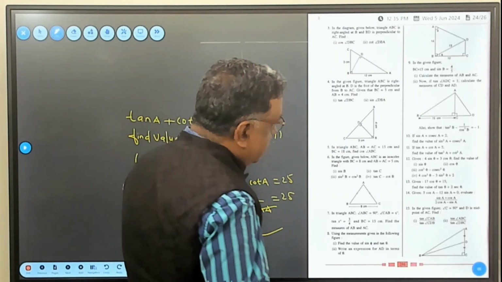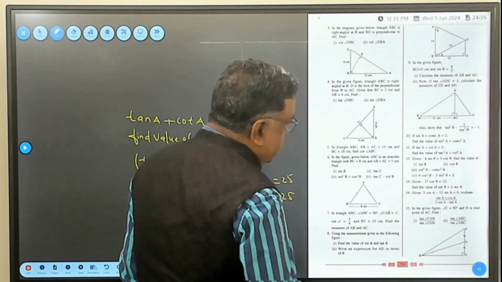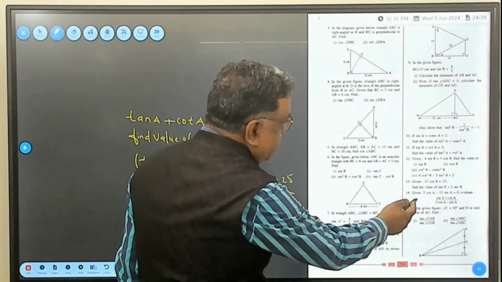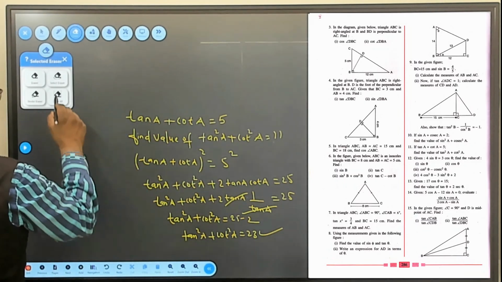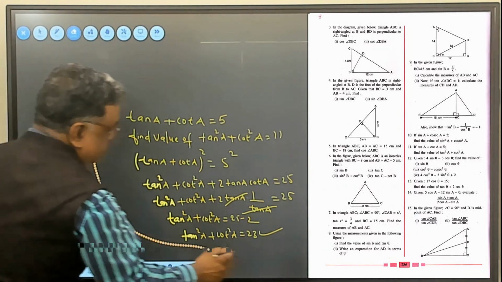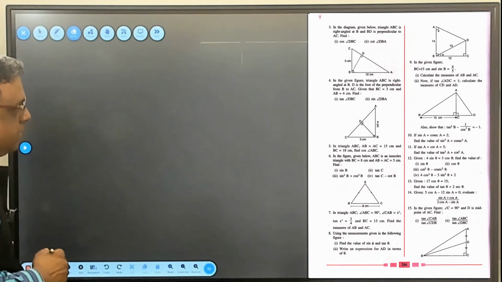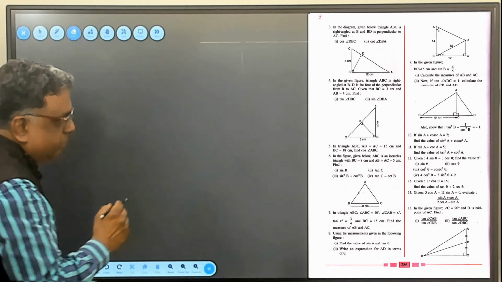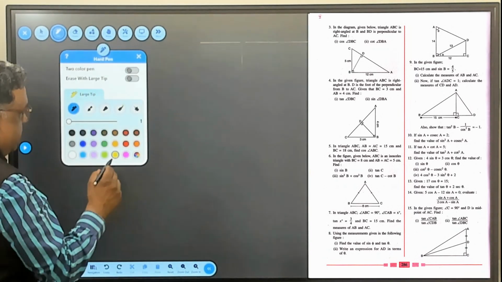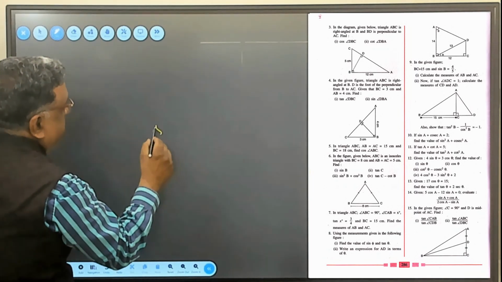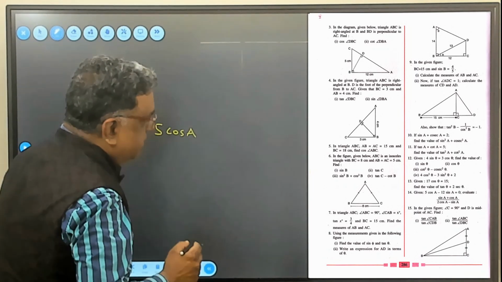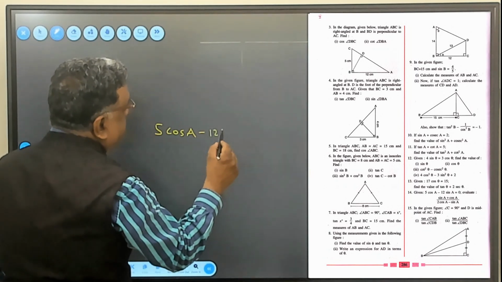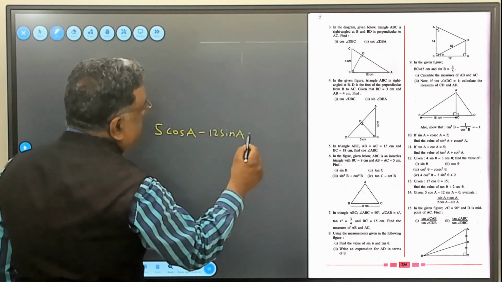Next, let's try to evaluate the 14th sum. What does the 14th sum say? In a triangle, 5 cos A minus 12 sin A is 0.